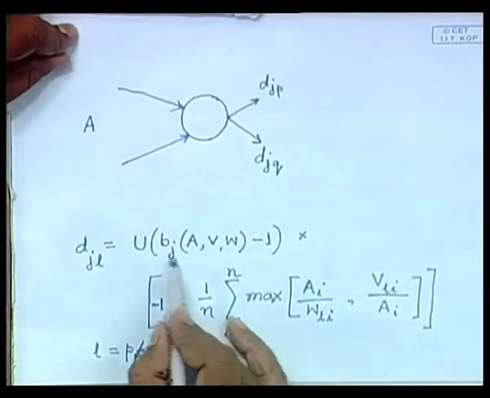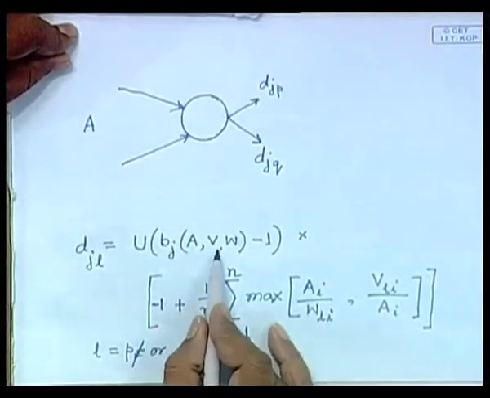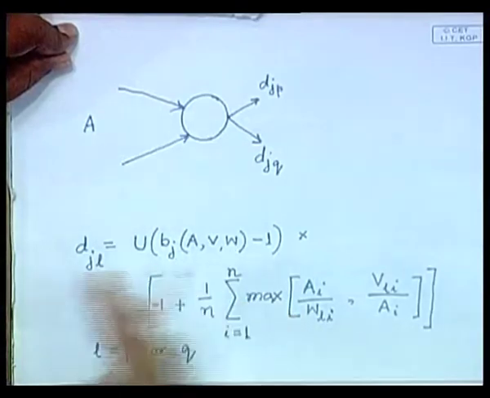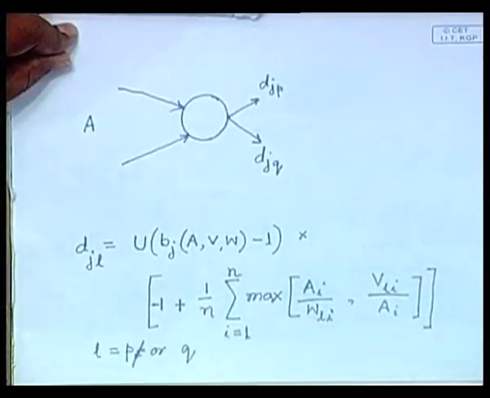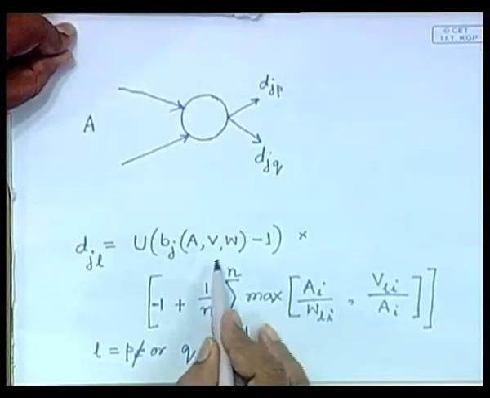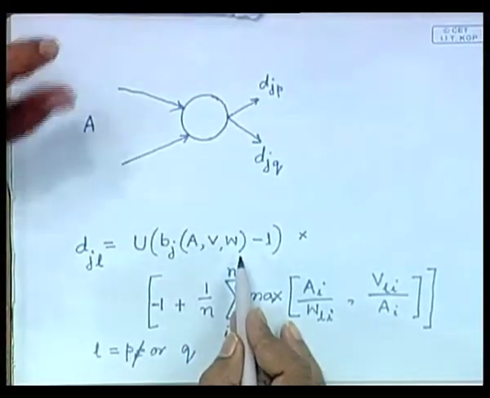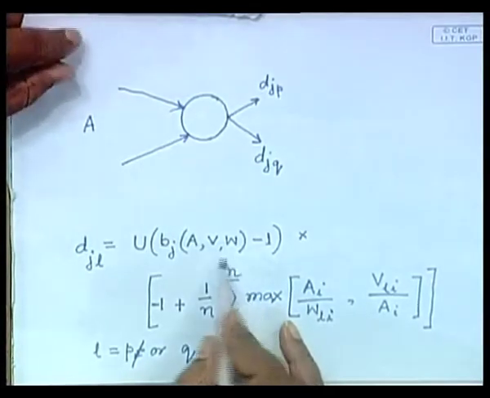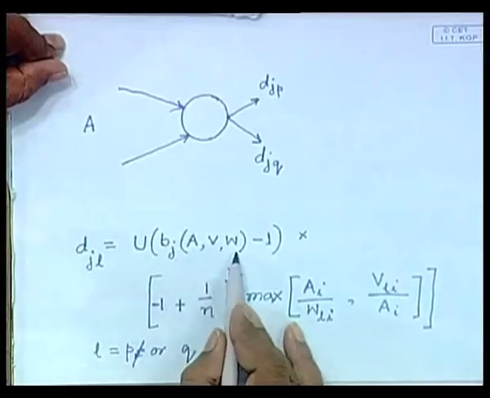Here you find that this function b j (A, V, W) is the same membership computation function of the classifying section neurons. There we said that if a point falls within the hyperbox, its membership value will be equal to 1. So, V and W being the min point and max point of the overlapped region, if a point falls within it, then b j will be equal to 1.